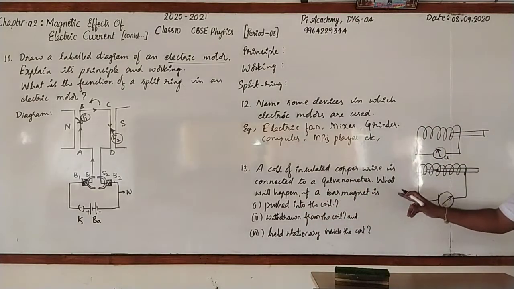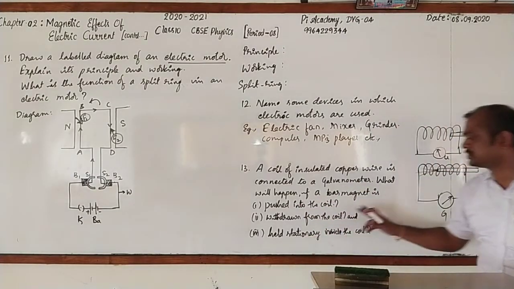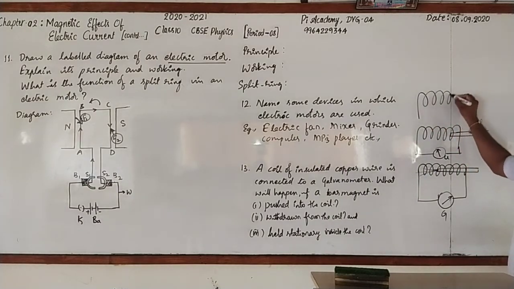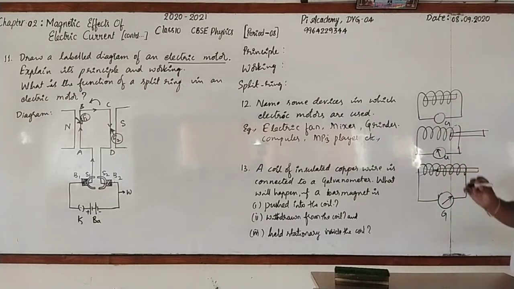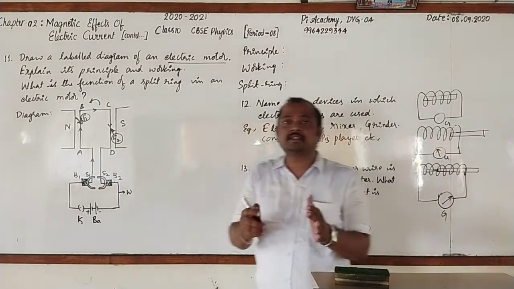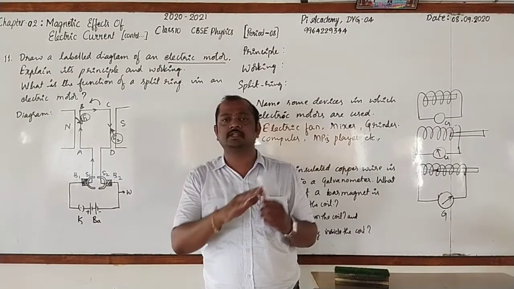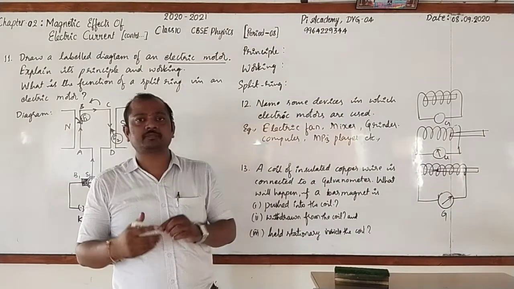And one more. What happens if a bar magnet is held stationary inside the coil? See, this is the coil. The free ends are connected to the galvanometer. This time I am going to place the bar magnet inside the coil at rest. Stationary means it is at rest. It is not at all moving.